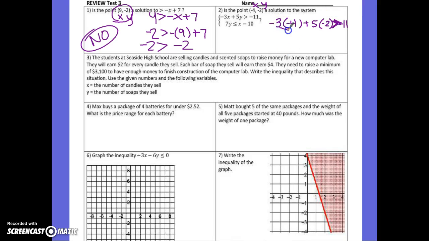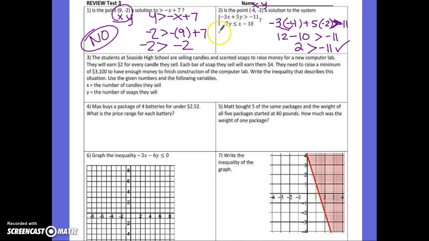If I multiply here, I got 12 positive. 5 times -2 is -10 and greater than -11. 12 take away 10 is 2. Is 2 greater than -11? Well, positives are always greater than negatives. Therefore, yes, it works on the top equation.